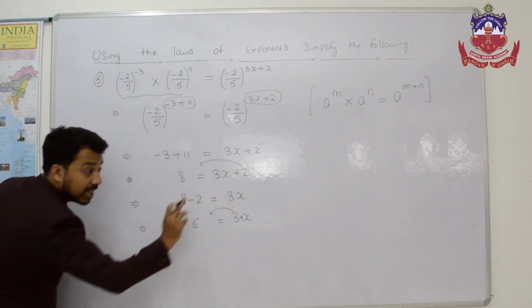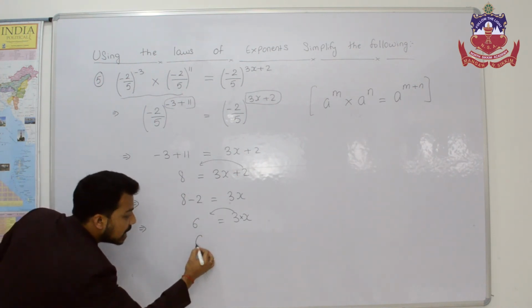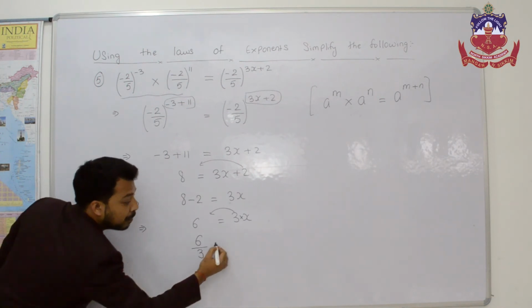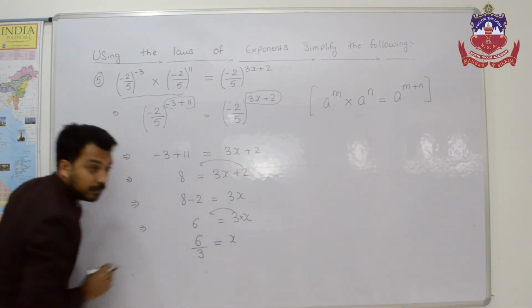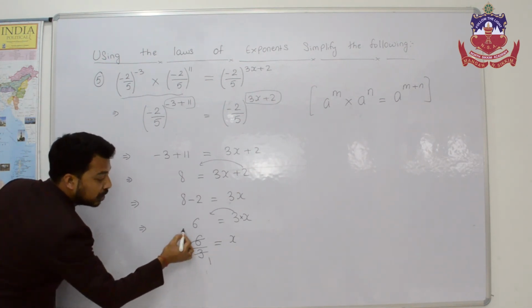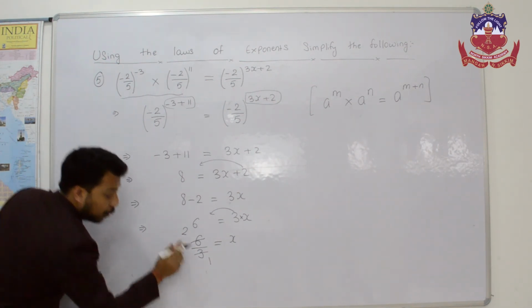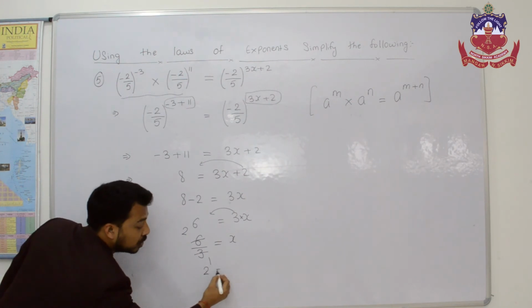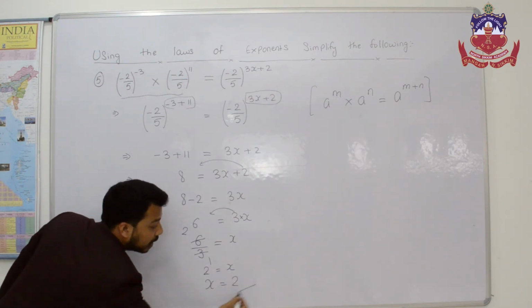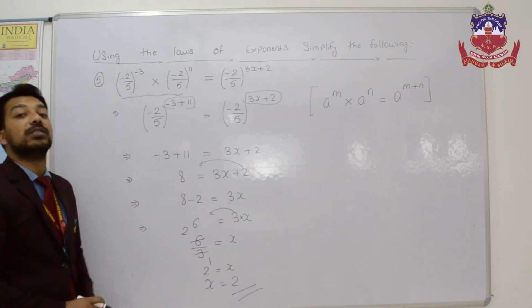So we get 6 divided by 3 is equal to x. This can be cancelled: 3 1s are 3, 3 2s are 6. We have the last answer, 2 is equal to x, or x is equal to 2. That is, the variable answer is 2.